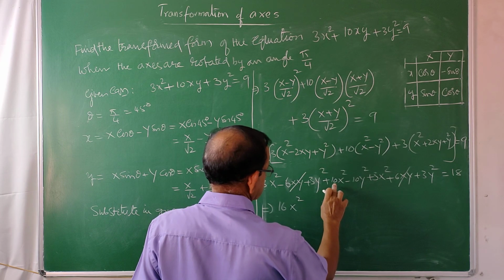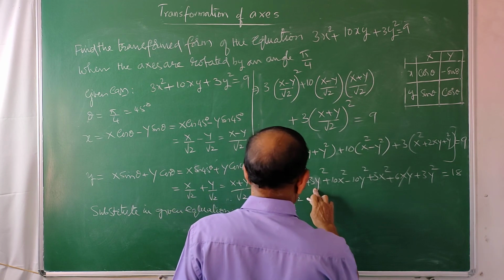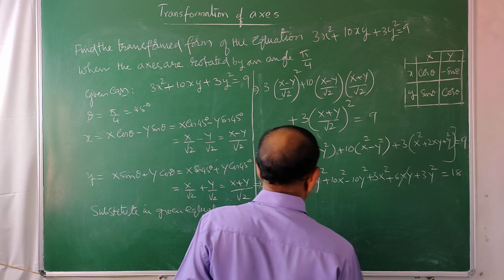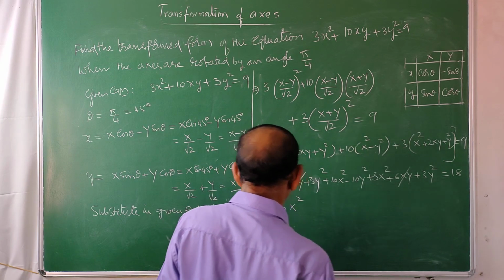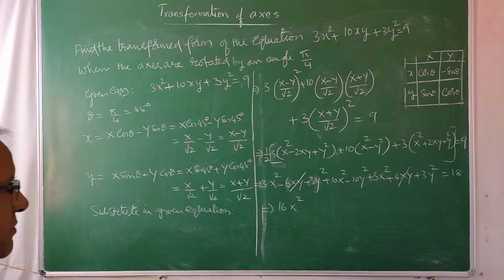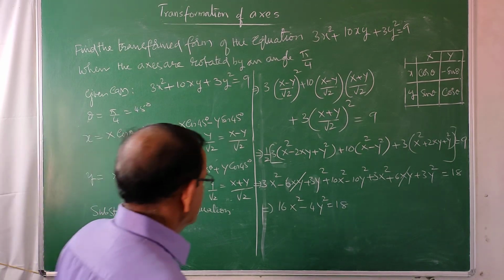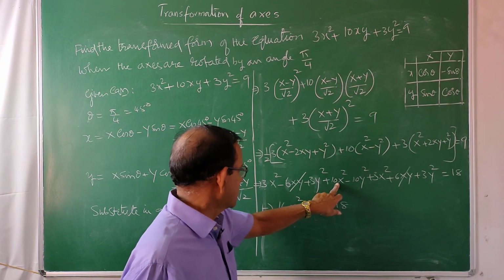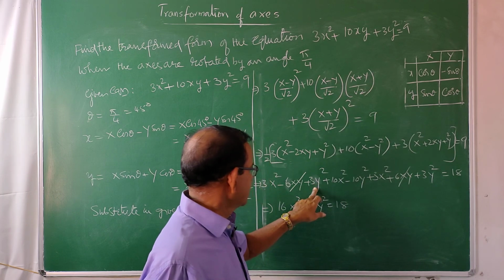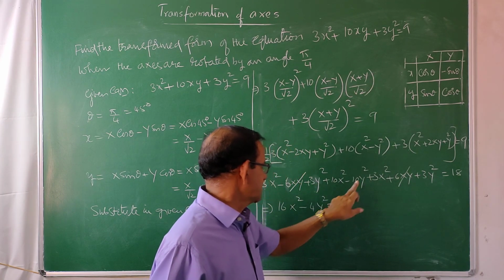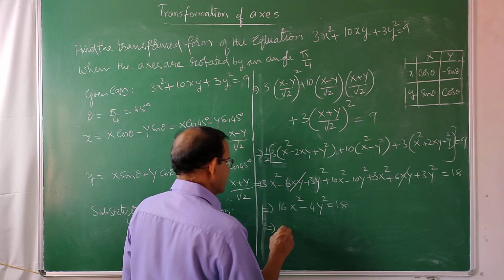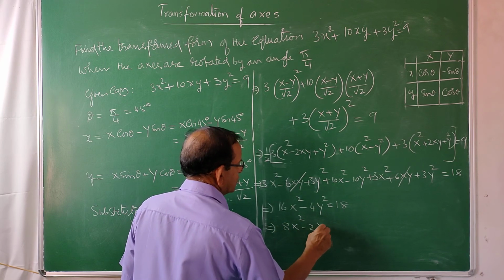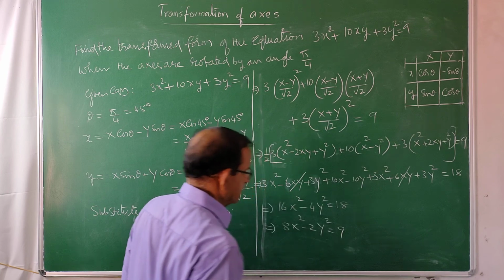Next, Y² terms, 3Y² plus 3Y², 6Y², minus 10Y², since there is 10X² minus 10Y². So 3X² plus 10X², 13X² plus 3X², 16X²; 3Y² plus 3Y², 6Y² minus 10Y², that is minus 4Y², is equal to 18. Here divide both sides by 2, then you will get 8X² − 2Y² = 9. That is the transformed equation.